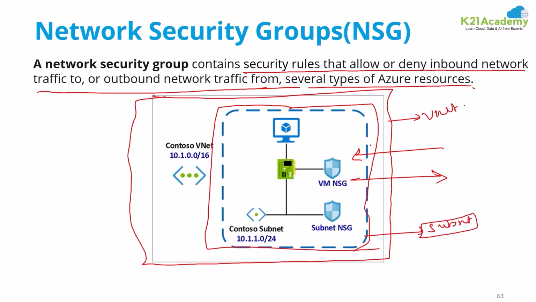To control the inflow and outflow of network packets in and out of the subnet, we use something called NSG, and that's the reason why NSG comes under perimeter security.